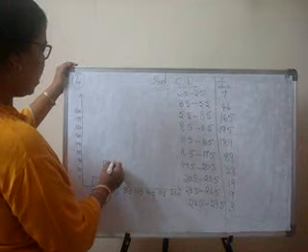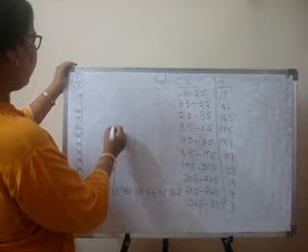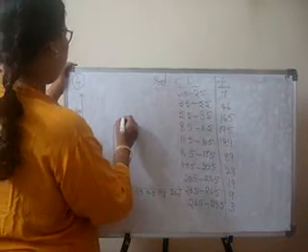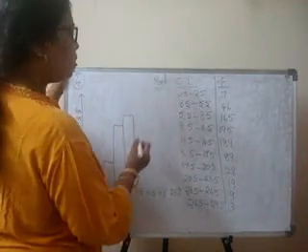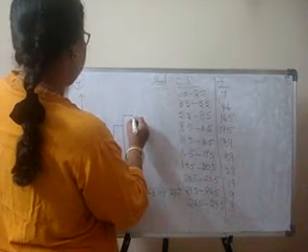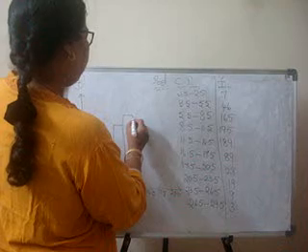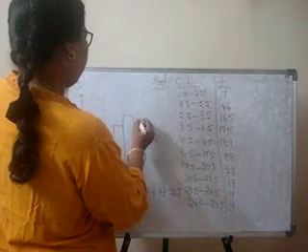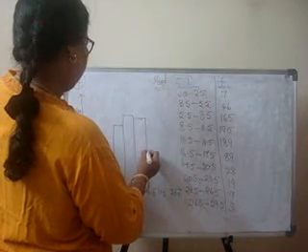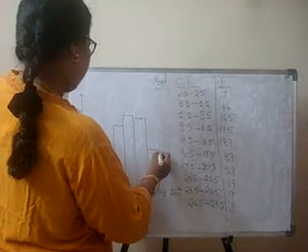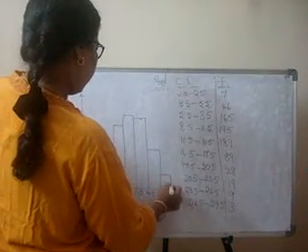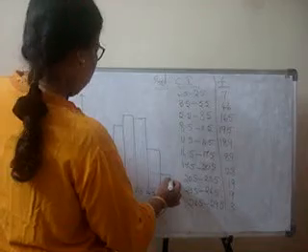Then 165, then 195, then 189, then 89, then 28, then 19.